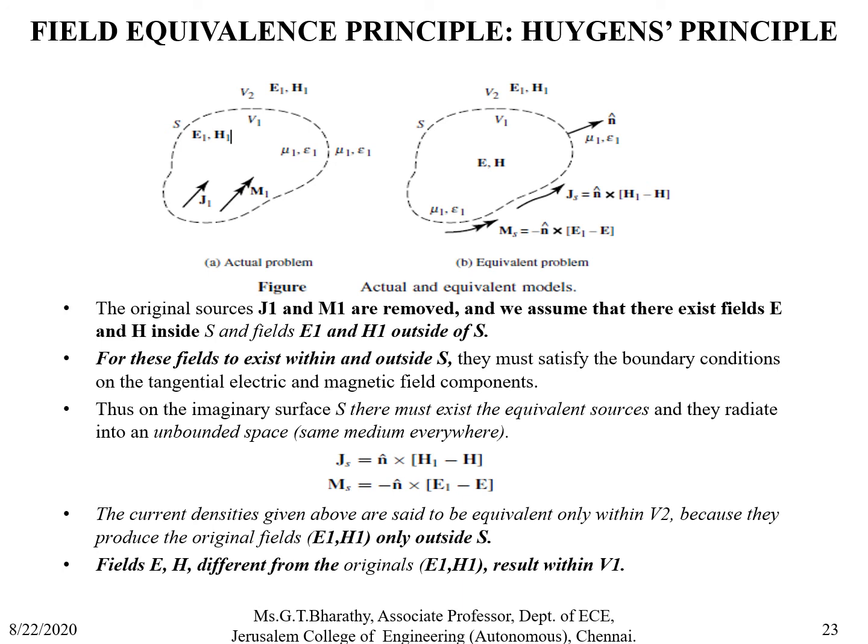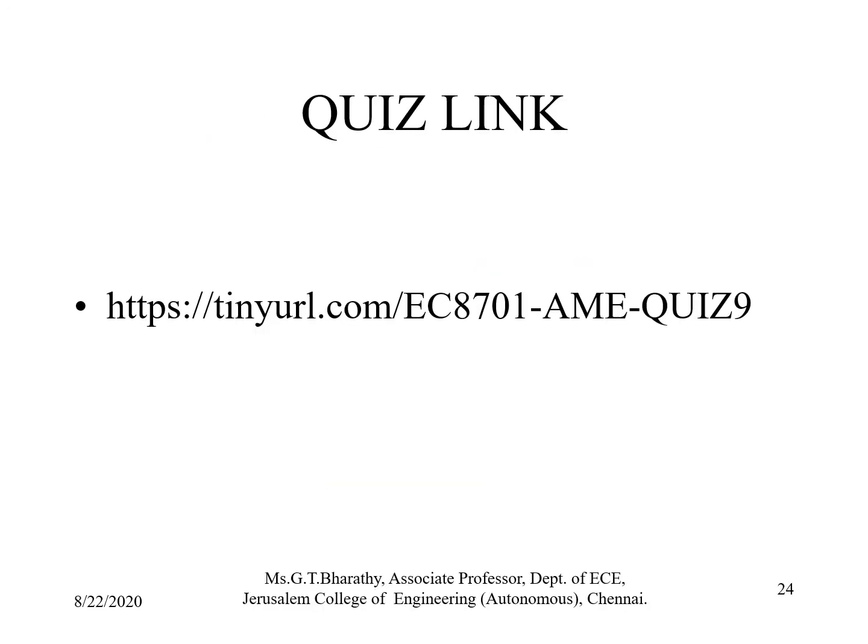Only outside the surface S, that is volume V2, do we have the fields E1 and H1 in the first figure as well as the second figure. So this is the basic concept of the field equivalence principle, which is called the Huygens principle. By satisfying certain boundary conditions, we are trying to find an equivalent field outside the closed surface. Thank you.